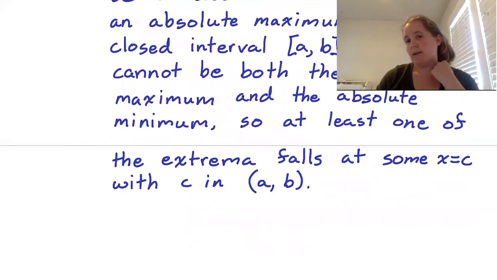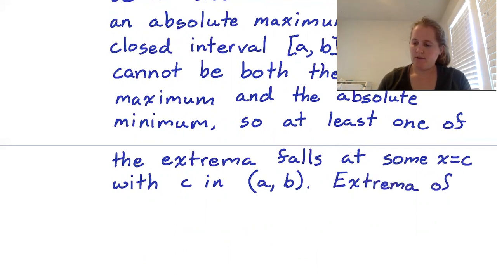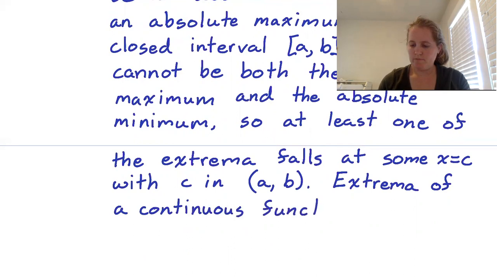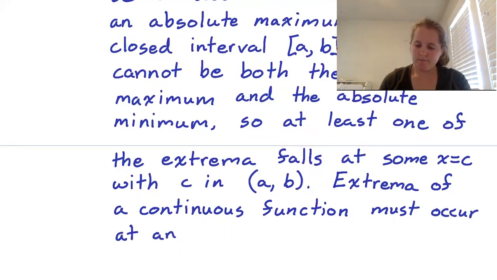We also know that extrema can only occur at either an endpoint, which this is not, or at a critical value. So extrema of a continuous function must occur at an endpoint or at a critical value.